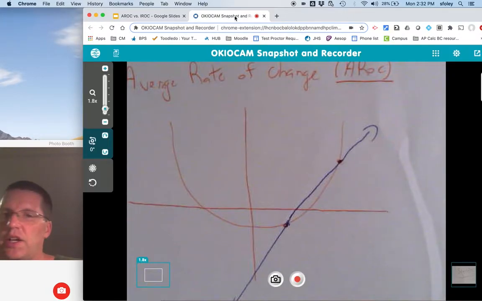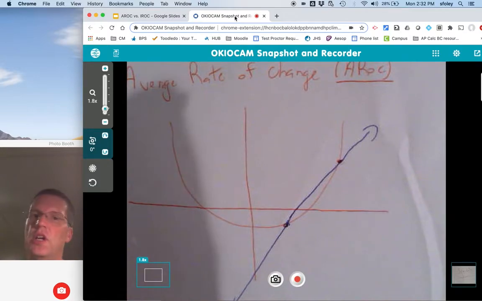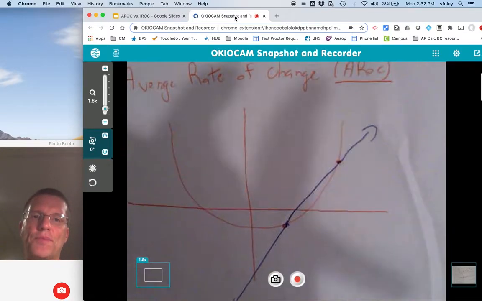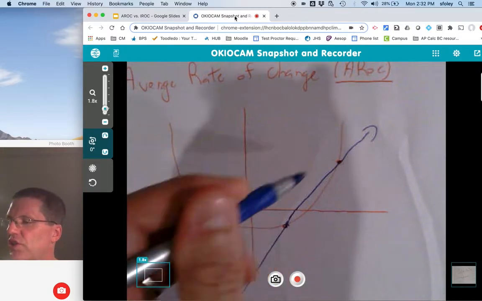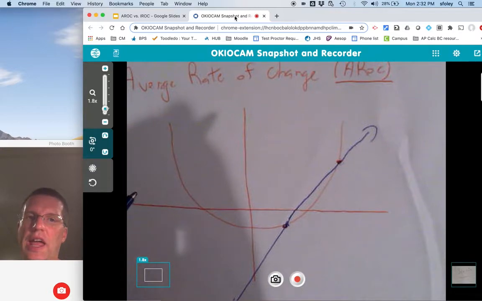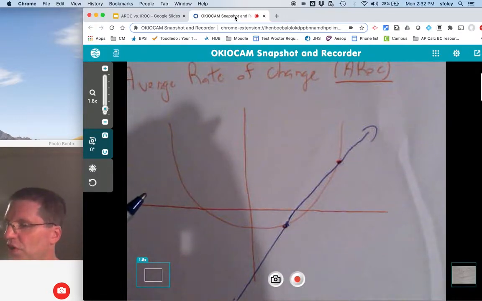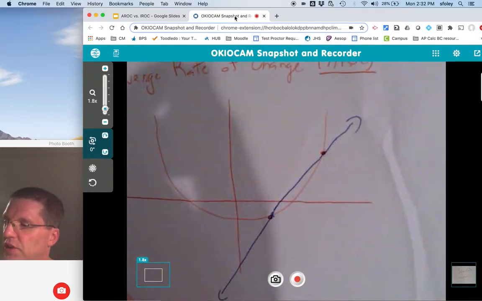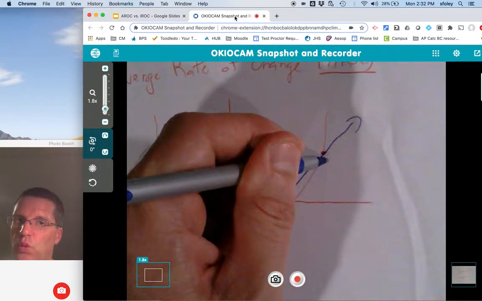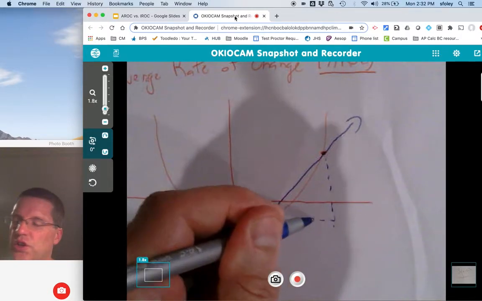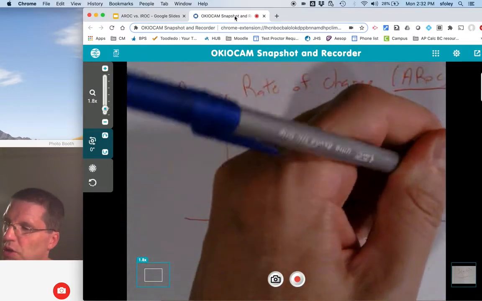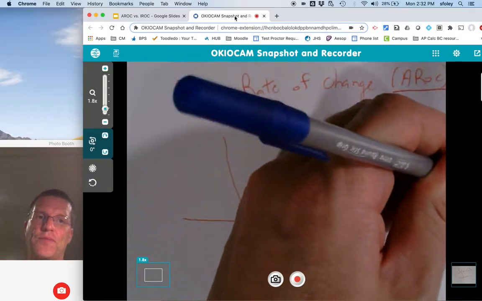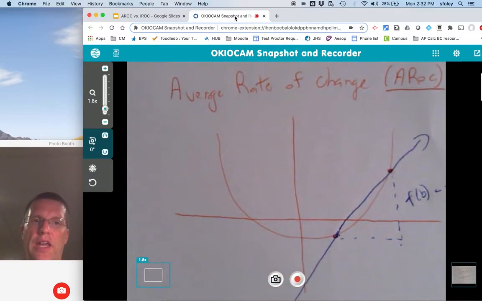And so when we look at a picture like this, if I'm looking at a parabola and I want to know the average rate of change between these 2 points, I'm basically looking at the slope of the line between those 2 points. And so we're looking at the change in y, and so how much do these y coordinates change? This is the change in the 2 y coordinates, so f of b minus f of a.